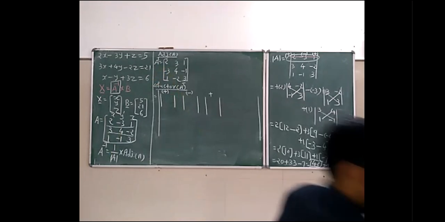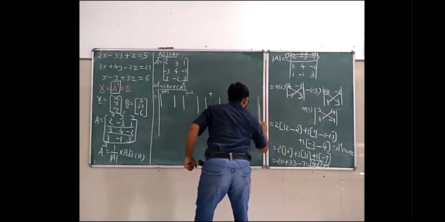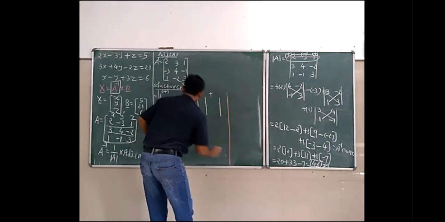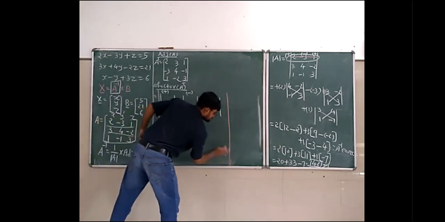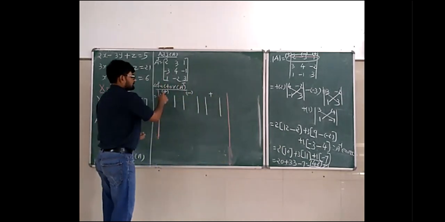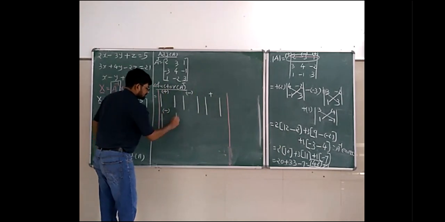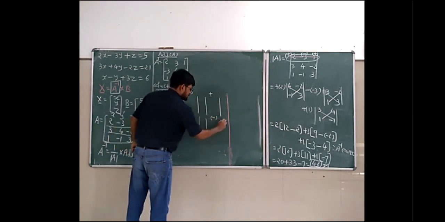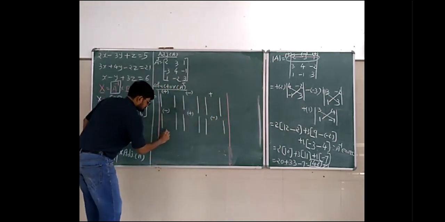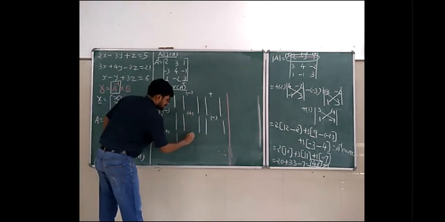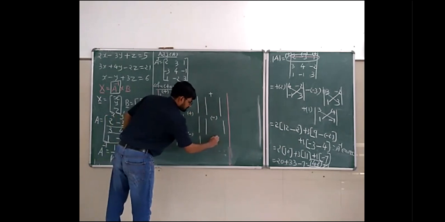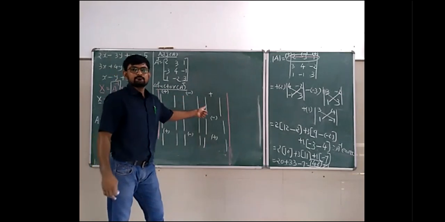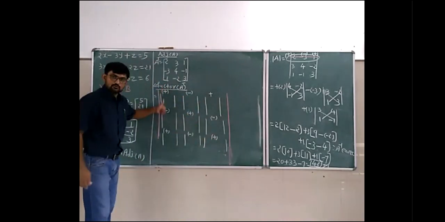Then after plus, minus, plus; after minus, plus, minus; after plus, minus, plus. So mind well, row-wise the sign should not be the same and column-wise the sign should not be the same. You have to use alternate signs.